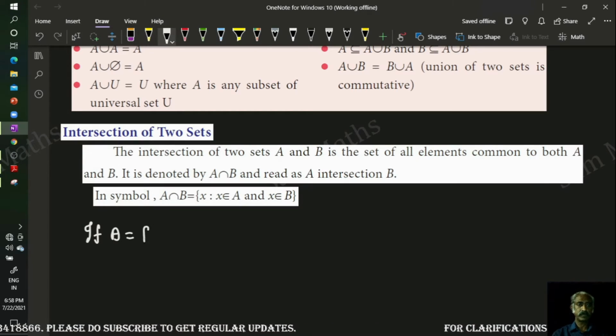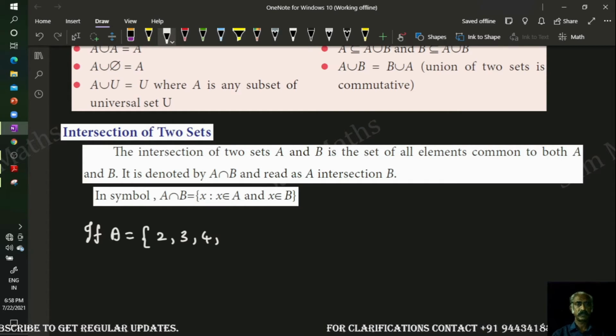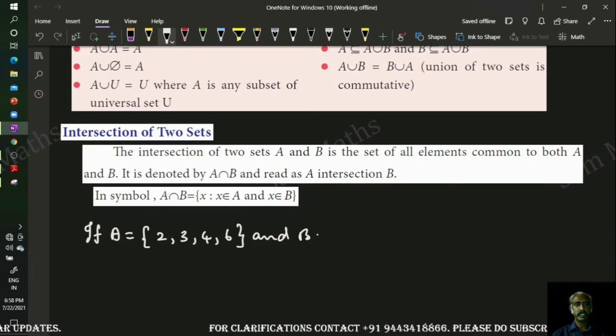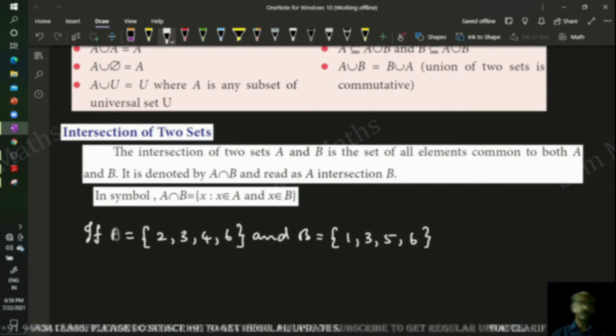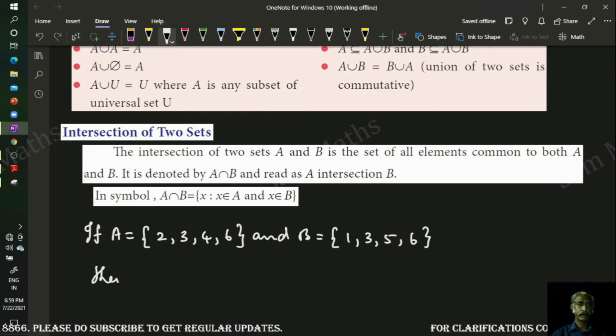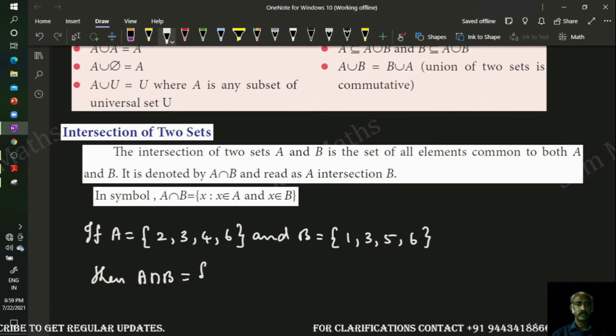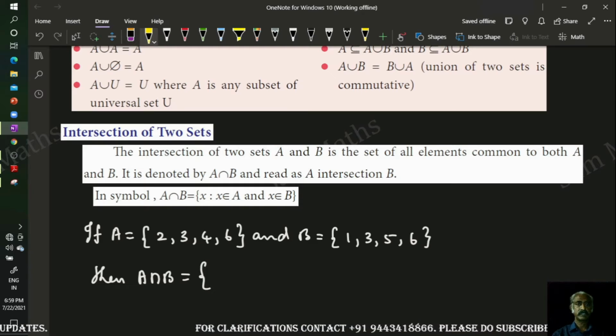If A is equal to {2, 3, 4, 6} and B is equal to {1, 3, 5, 6}, then A intersection B is equal to, you just see the common entries, that is 3 is common here, then 6 is common.